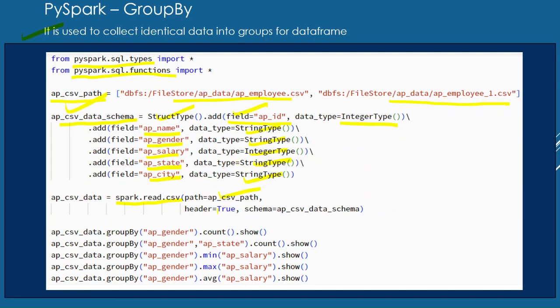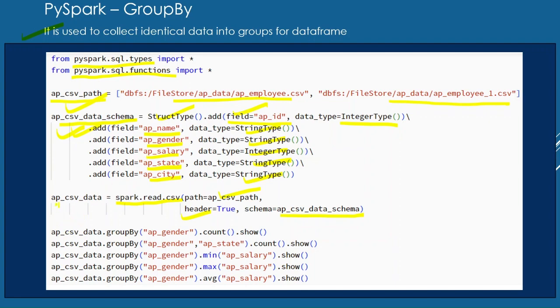This header option tells Spark that all the CSV files which we are going to read have a header. We read them with this custom schema, which we defined over here with the help of a struct type and a struct field, with 6 column names and their data types.